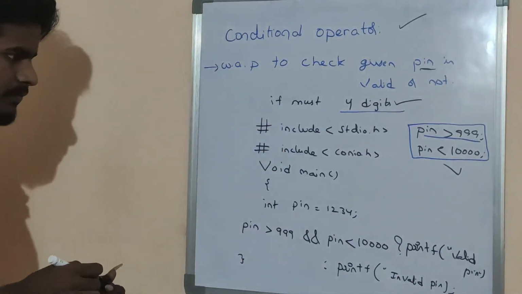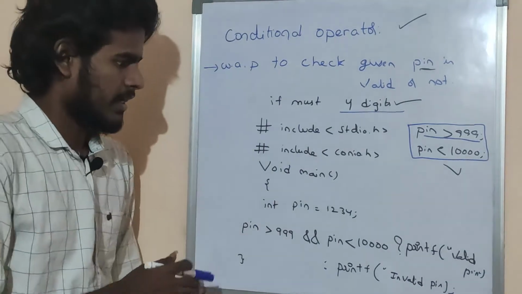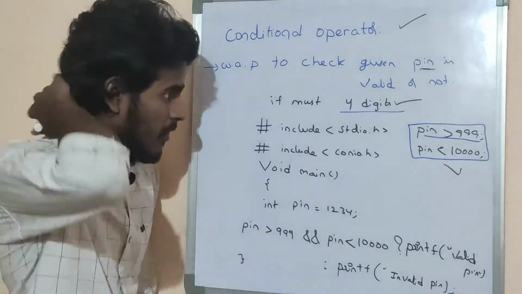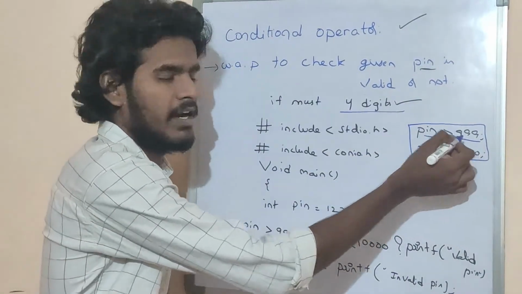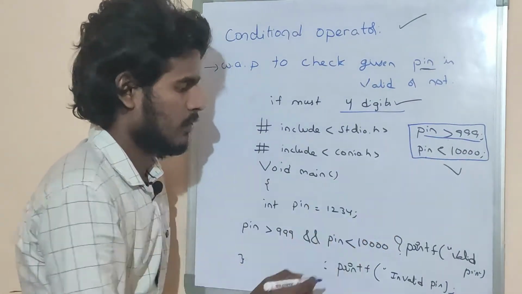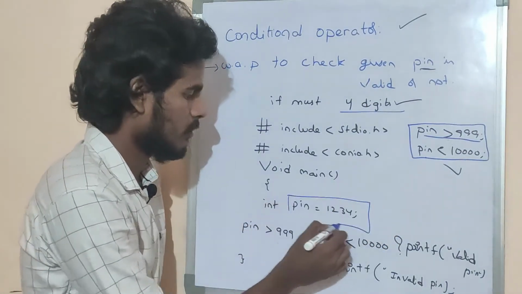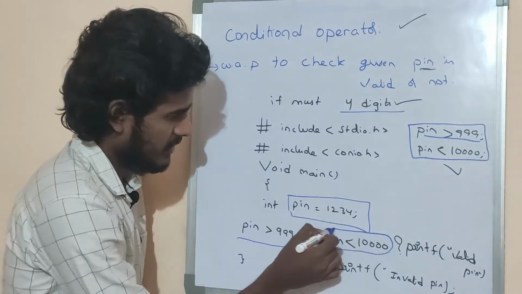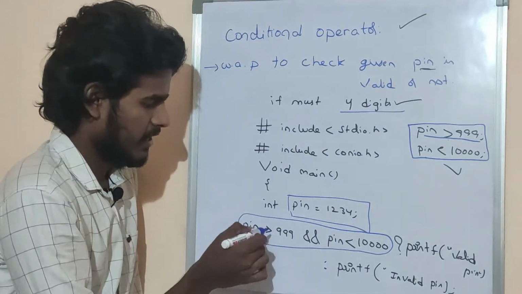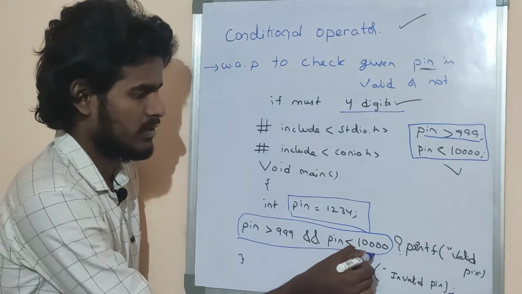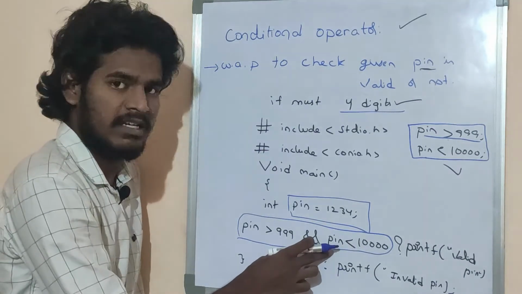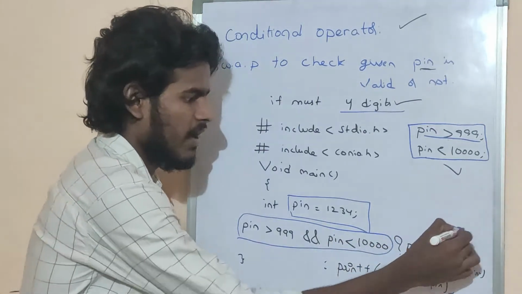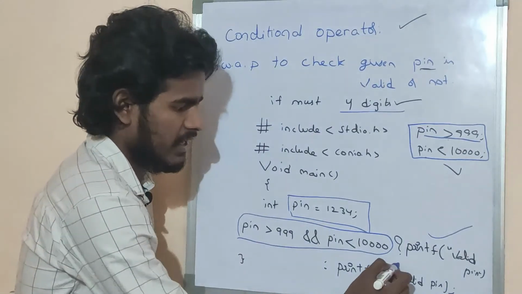Listen carefully. What is the pin format? Pin greater than 999, pin less than 10,000. Here pin is 1 2 3 4. If the condition is satisfied, it prints valid pin, otherwise it prints invalid pin.